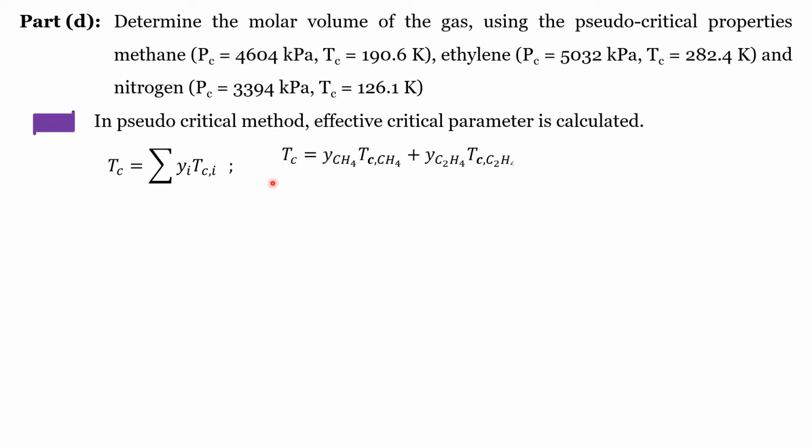So we can expand this, we can write Tc, which is critical temperature for gas mixture, equal to mole fraction of CH4 into critical temperature of CH4 plus mole fraction of C2H4 into critical temperature of C2H4 plus mole fraction of nitrogen into T critical of nitrogen.